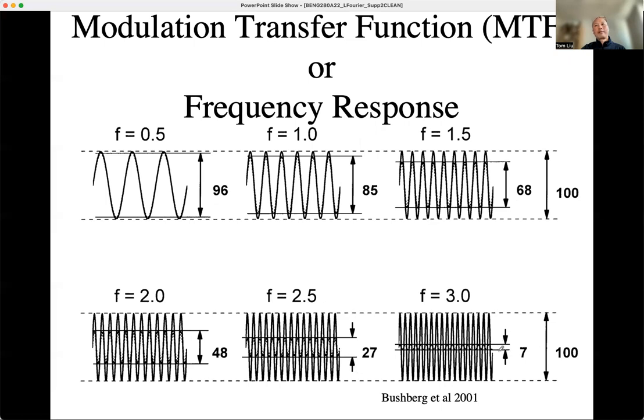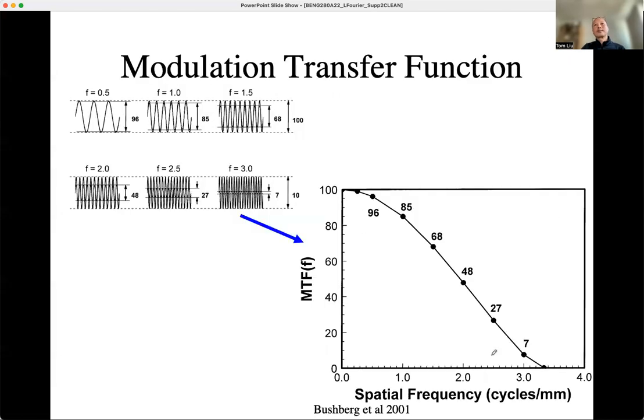And then here, at a frequency of 3, I've really reduced the response of my function. So in this case, the frequency response is falling off as I go to higher frequencies. And so I plot that as a function of frequency and plot those amplitudes. That's essentially the modulation transfer function, okay? And one of the most important things to remember is that that is essentially the Fourier transform of your impulse response.